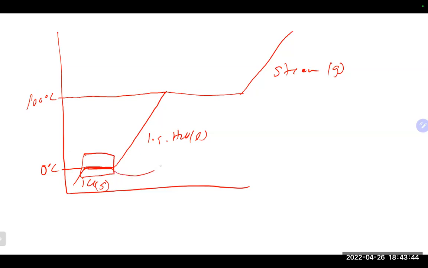That is what is referred to as the delta H of fusion, or the heat of fusion. For water, it's something like 333 joules per gram, or roughly 6.02 kilojoules per mole.